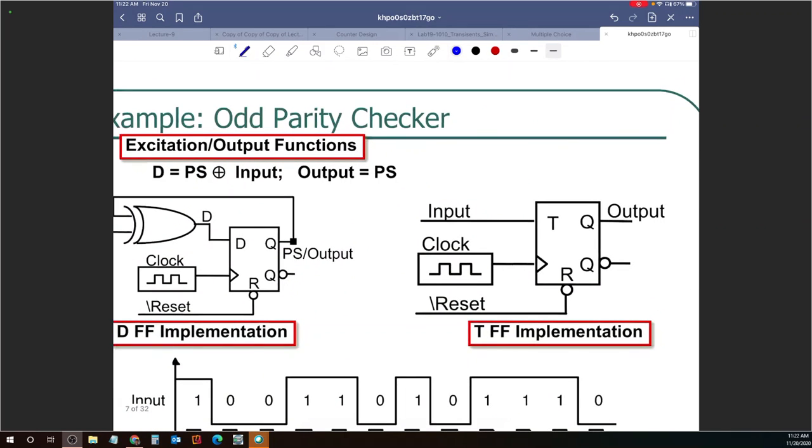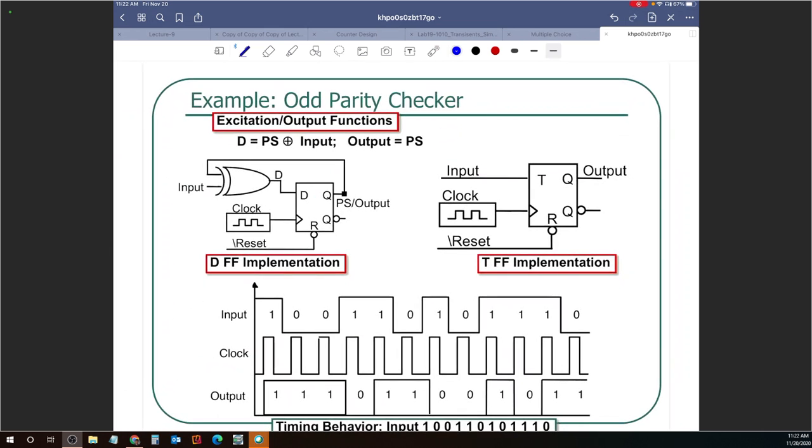And I'm using the D flip-flop to do this. For most finite state machines, the use of a D flip-flop is the easiest just because of its very simple characteristic equation. What is the characteristic equation for a D flip-flop?